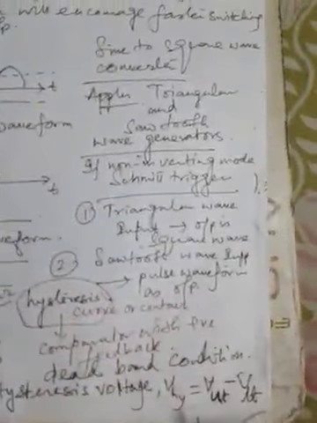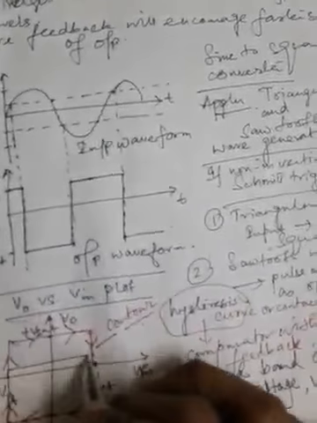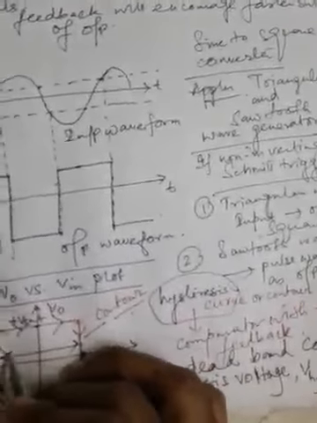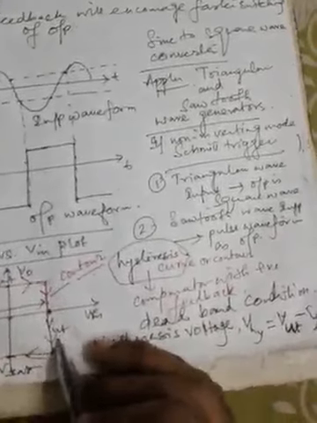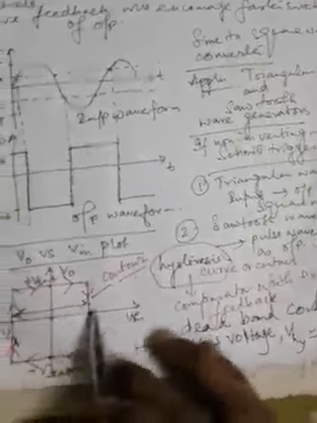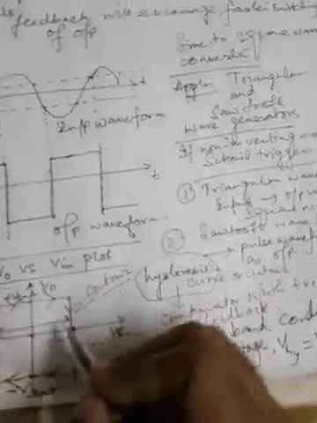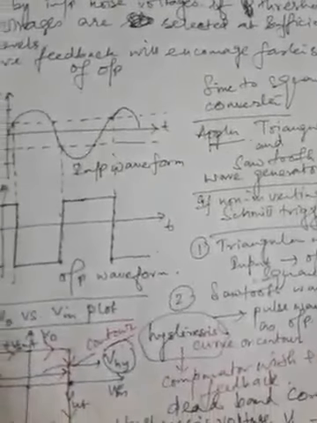So this is the way how hysteresis voltage can be found. In the characteristic curve, the difference between these two: 0 to this much is VUT and 0 to this much is VLT. So this gap, the width of the curve, is nothing but the hysteresis voltage VHY. It can be found over here.